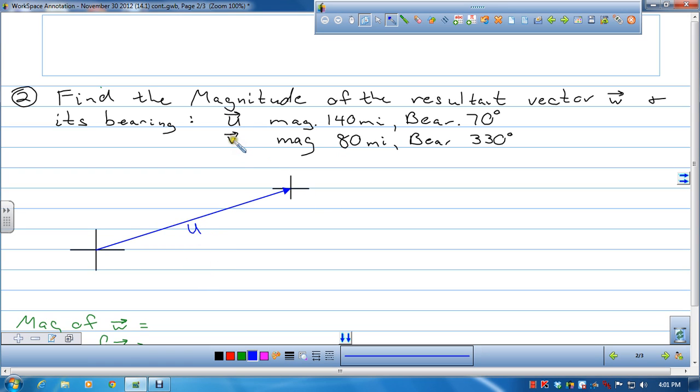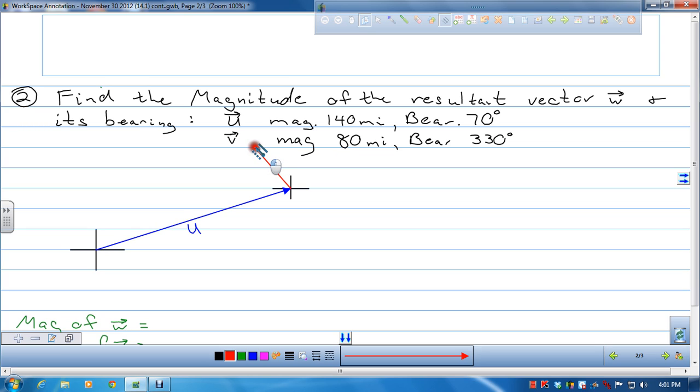If we add vector v to that, vector v with a bearing of 330, I have to start where I finished, and due north was here. Then if I go 330 degrees from there, I go all the way around. Here would be 90, 180, 270, up another 60 degrees.